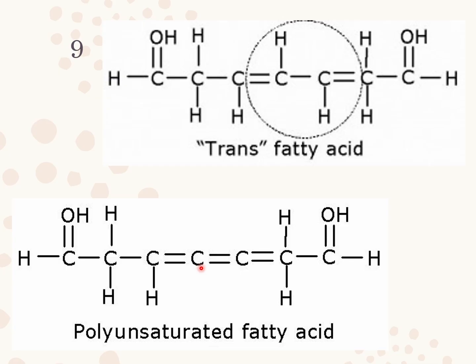Mono means one, so a monounsaturated fatty acid will have one double bond. Polyunsaturated fats, poly means many, so a polyunsaturated fatty acid will have many double bonds. So here you can see 3 double bonds here. So it's a polyunsaturated fatty acid.